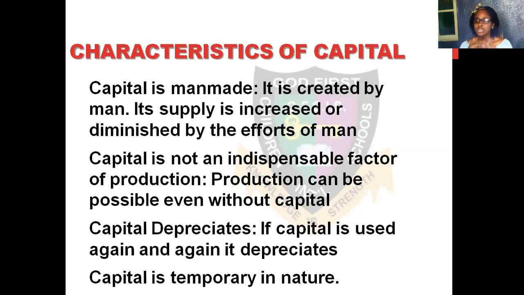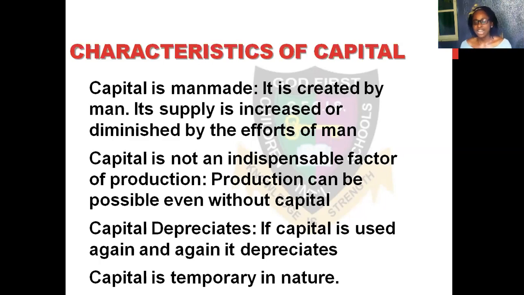Capital can depreciate, because once you continue use of the capital, it will depreciate. It will no longer function properly. In terms of money, once you continue using the money, it will finish. Once you continue using the machineries and whatever things used for production, they will reduce in efficiency.